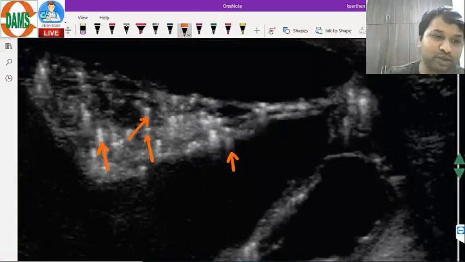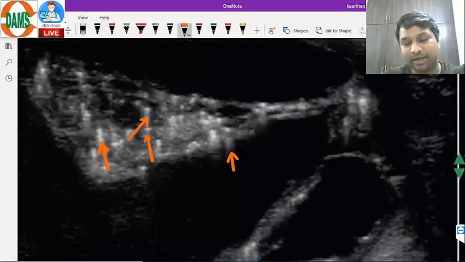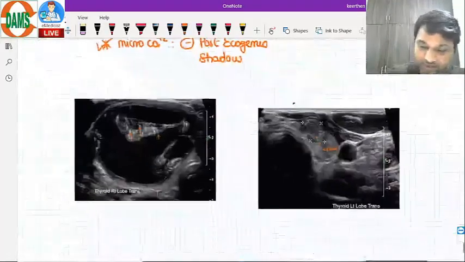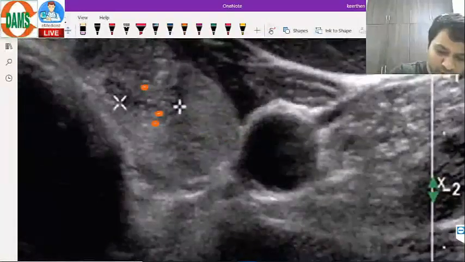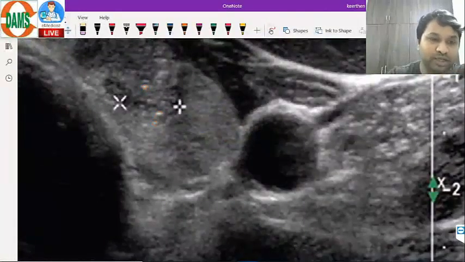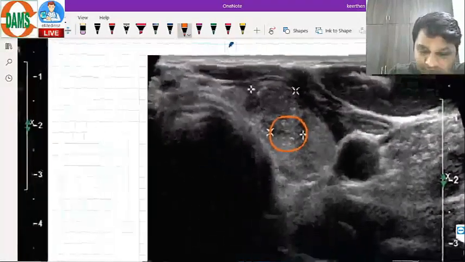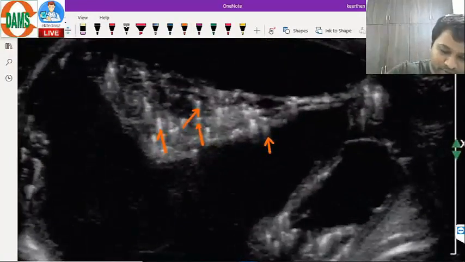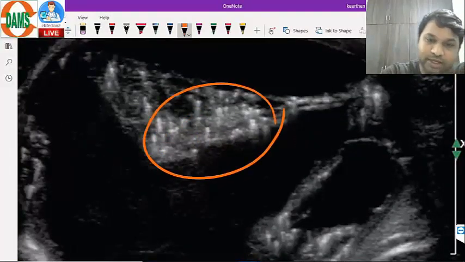You see the shadow is falling through. Now, if this is present, we cannot call it papillary cancer thyroid. That is what I'm trying to explain. The difference between these two: if you have papillary cancer thyroid, look at the image now. There is no evidence of post-echogenic shadow. On the other hand, the benign condition, which is also associated with calcification, will have post-echogenic shadow.